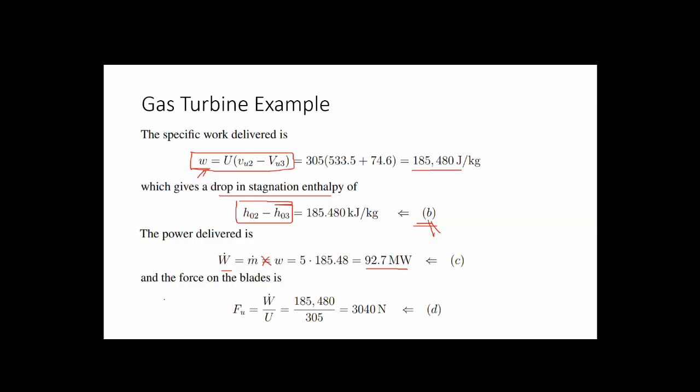And then the force on the blade can be calculated using this equation: force on the blade equals power over U. So we plug in the values that we have calculated before, and we get the force on the blade equal to 3040 Newtons.